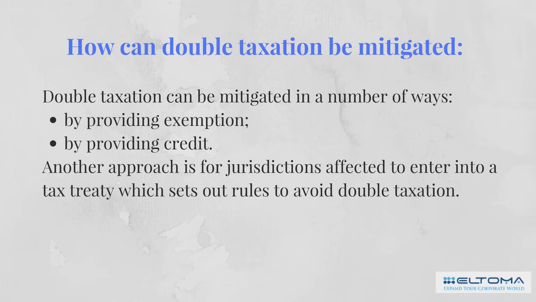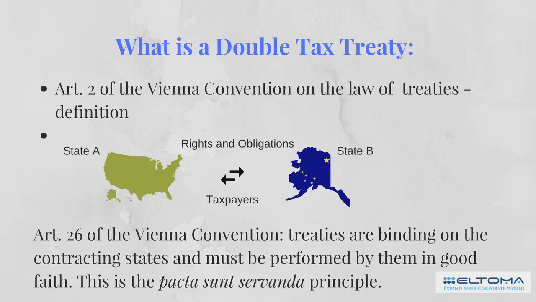And thirdly, the main taxing jurisdiction may tax the foreign source income, but give credit for foreign jurisdiction taxes paid. So in this case, it doesn't fully exempt taxes paid abroad, but it gives a deduction. Another approach is for jurisdictions affected to enter into a tax treaty which sets out rules to avoid double taxation. So in other words, to enter into a double tax treaty.